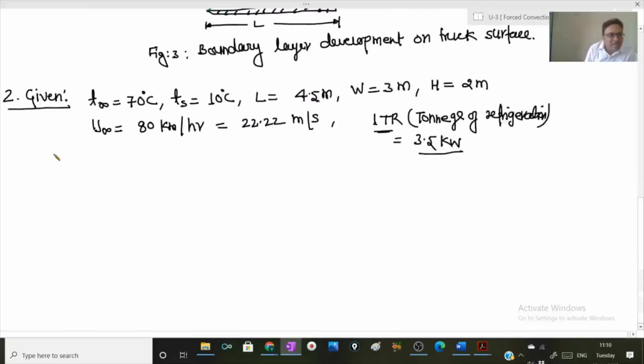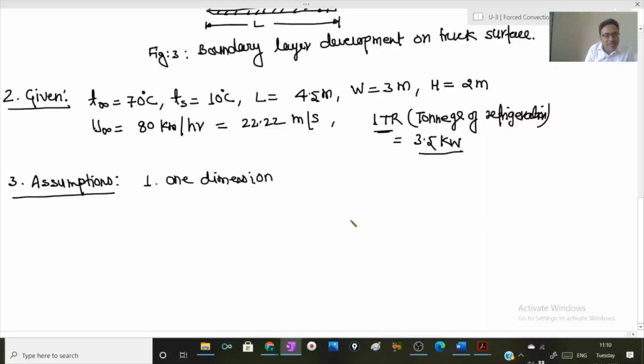Now after enlisting all the given things, step number 3 is assumptions. Assumption number 1, one-dimensional steady state heat transfer.